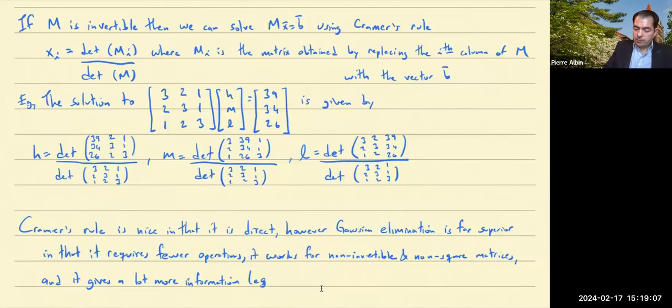So, for example, we've talked about the null space of a matrix in the previous lecture. The dimension of the null space is equal to the number of free variables in the reduced echelon form of a matrix.